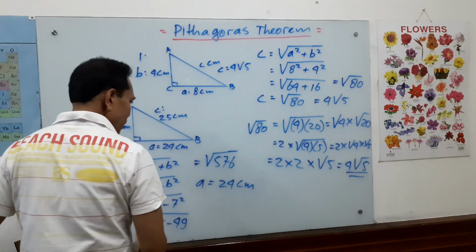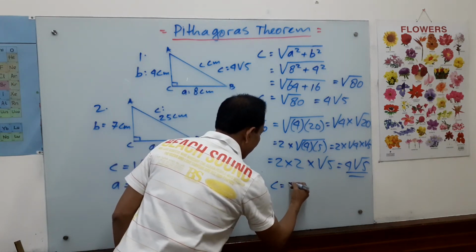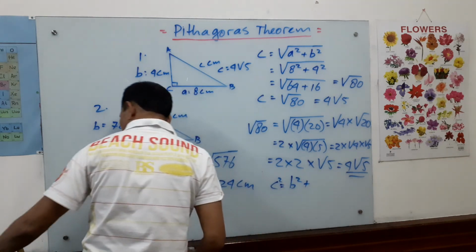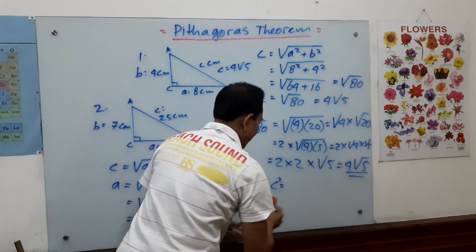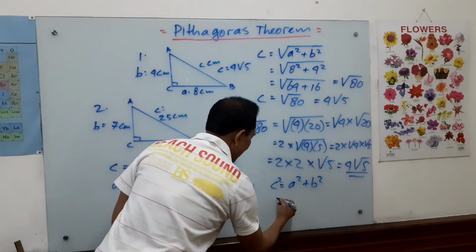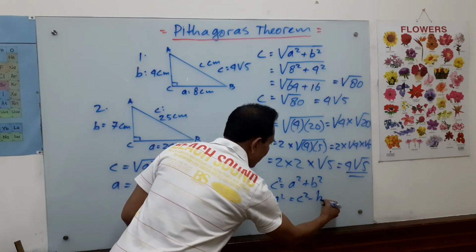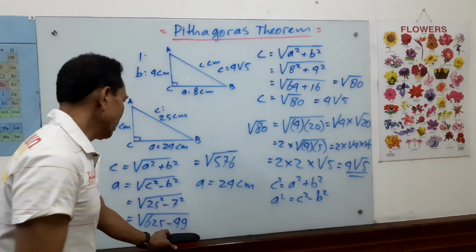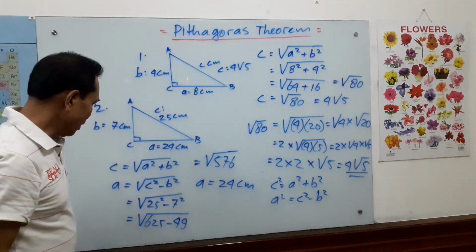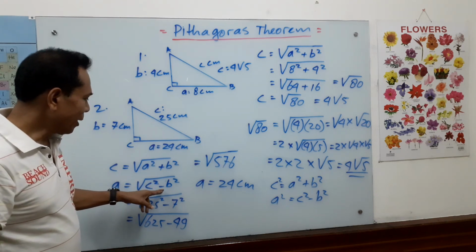We convert. So C squared equals A squared plus B squared. Now, A squared equals C squared minus B squared. Now, this one we use for here because we need to find A. So, A equals square root of C squared minus B squared.